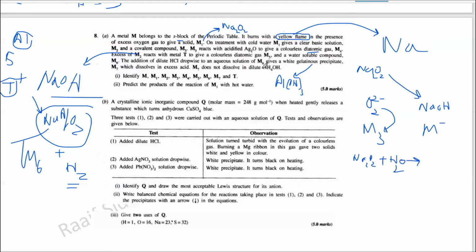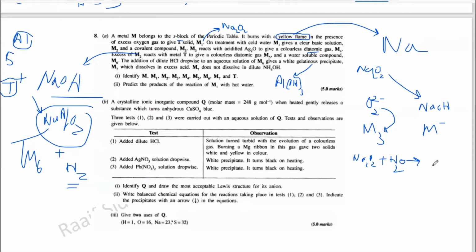Because here in the description, it gives M1 with cold water, a basic solution and a covalent compound, which was H2O2. So Na2O2 with cold water gave NaOH and H2O2. Now what they are asking here is what is going to happen when it reacts with hot water.